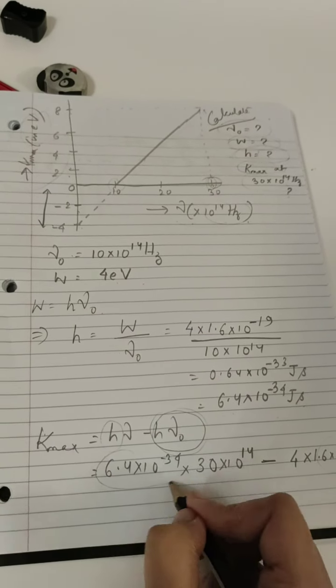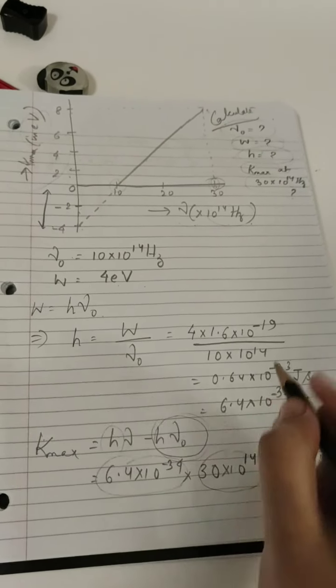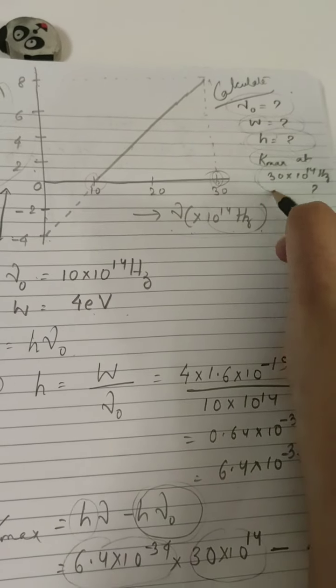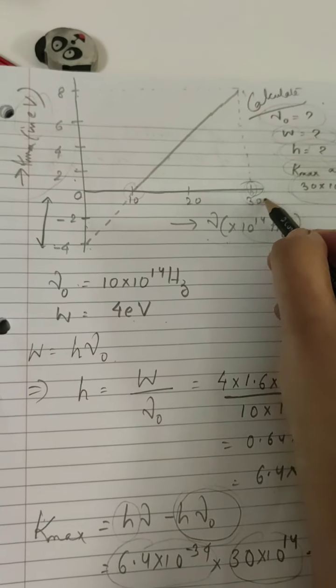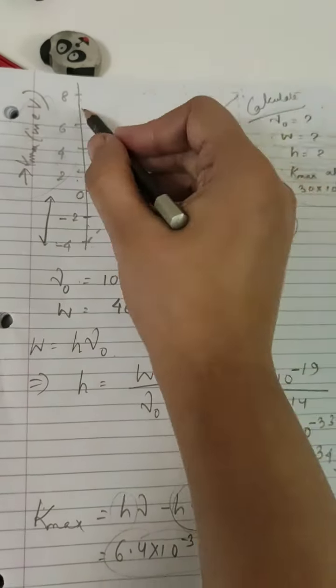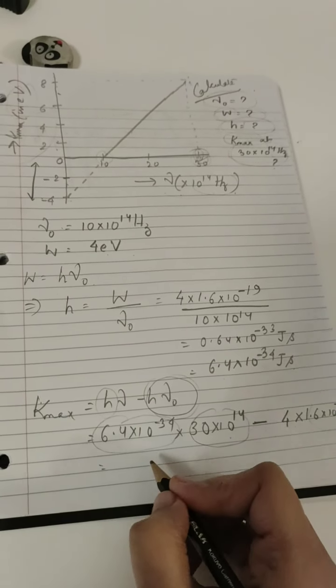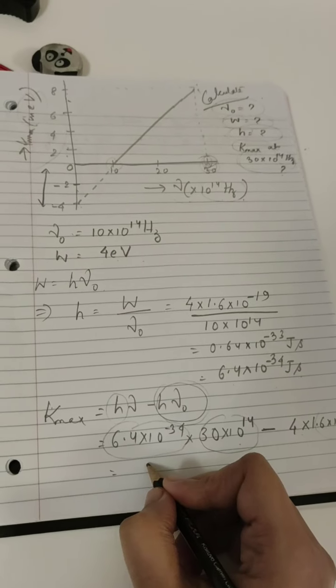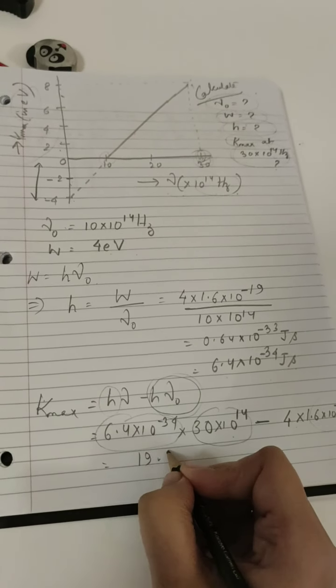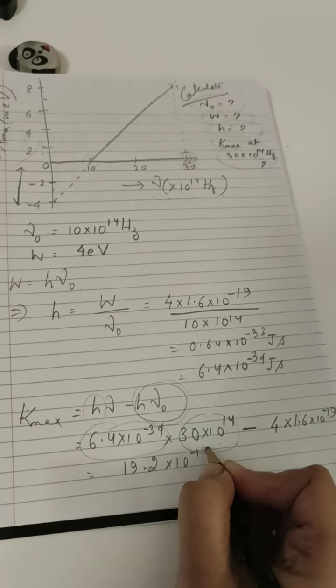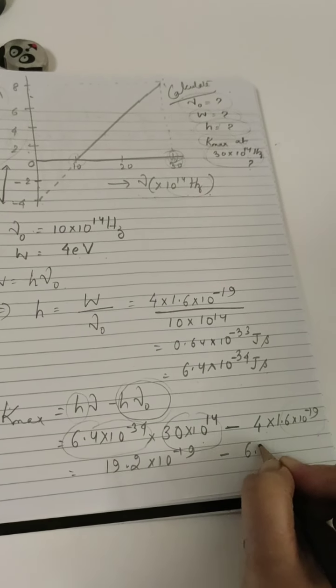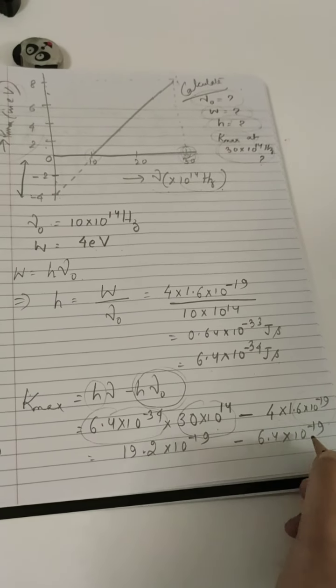Okay, so this is H, this is nu at K max at 30 into 10 to the power 14 hertz. At this point, what is K max? So H nu minus this, so it will come out to 19.2 into 10 to the power minus 19 minus 6.4 into 10 to the power minus 19.